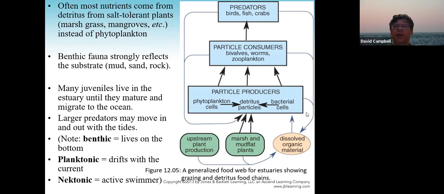Salt-tolerant plants, such as marsh grasses and mangroves. There aren't too many things that directly eat those when they're alive, but as leaves die, the grass blades die, things like that, then they'll start to decay, be broken down by bacteria and fungi, and then you have lots of things that are eating those bacteria and fungi, and so the food chain.